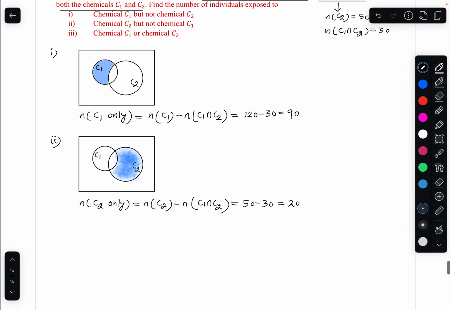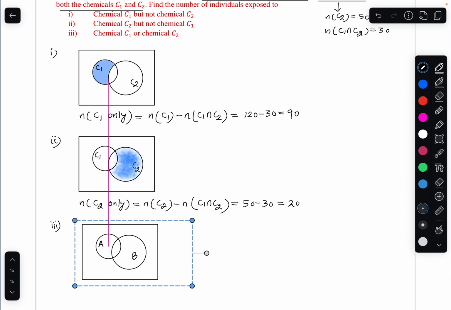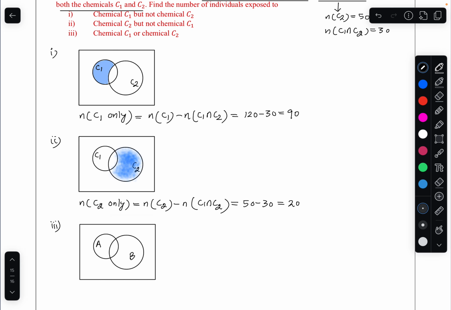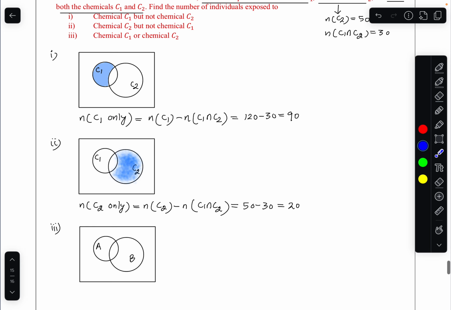And lastly, I want any of the two. The question says, find the number of individuals who are exposed to chemical C1 or chemical C2. Now, when they say this or, we are just counting those people who are in any of the two sets.